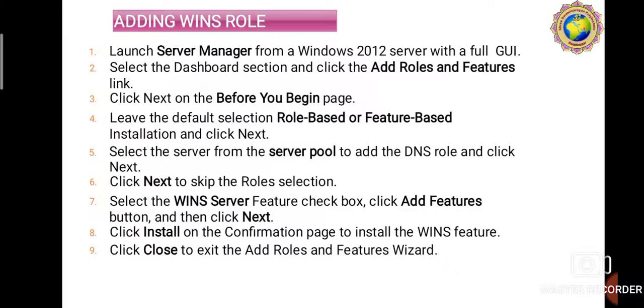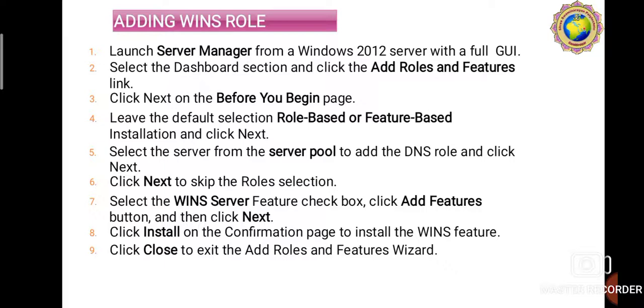Once again, let us revise all the steps for adding the WINS role. First, launch Server Manager from the Windows 2012 server with full GUI. Then select the dashboard section and click the Add Roles and Features link. Then click next on the Before You Begin page. Then leave the default selection, role-based or feature-based installation, and press the next button.